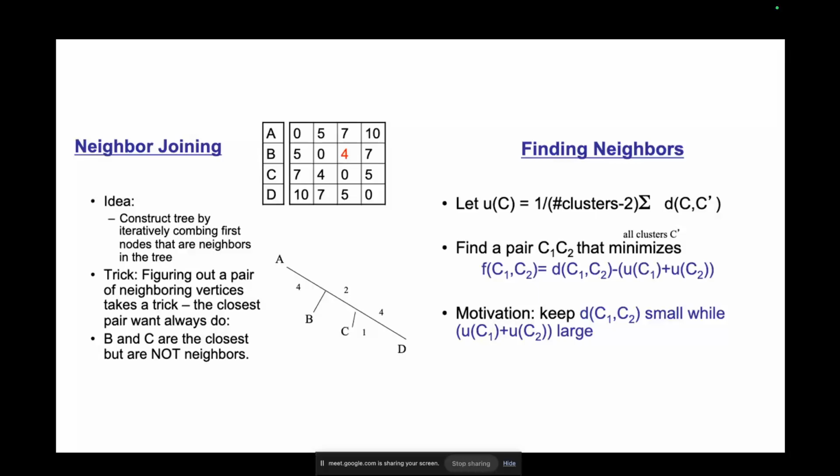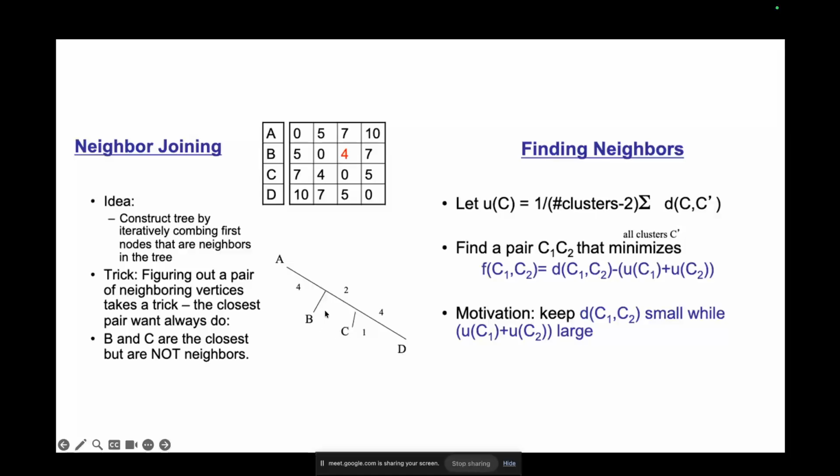Right? So your idea is to find a pair of neighboring vertices which are the closest. But in some cases they can be the closest, but they are not neighbors. So for example, B and C, right? B and C are not neighbors because B and C are not connected to each other directly.